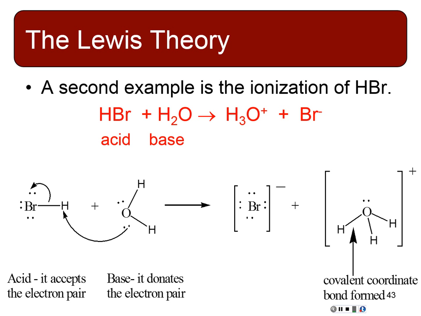If we think about what happens with our charges, what you want to remember here is in each of these bonds we have electrons, right? These are covalent bonds because we're sharing electrons in those bonds. Our definition says that a base is what? It donates what?